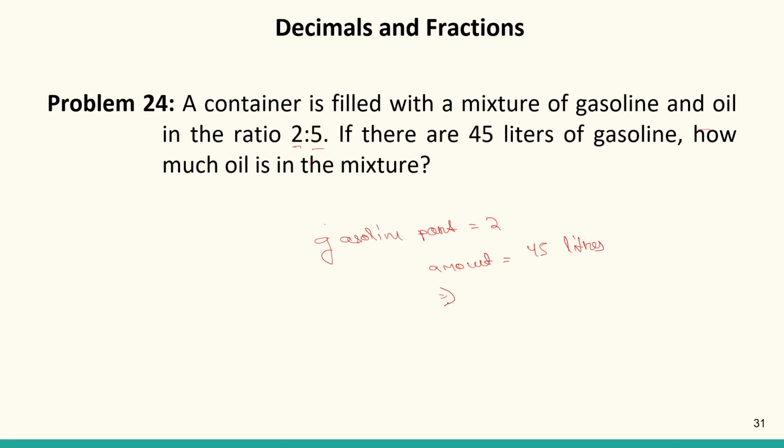So this implies that one part is 22.5 liters. So this implies that 5 parts is equal to 22.5 into 5. So this is equal to 225 by 10 into 5.